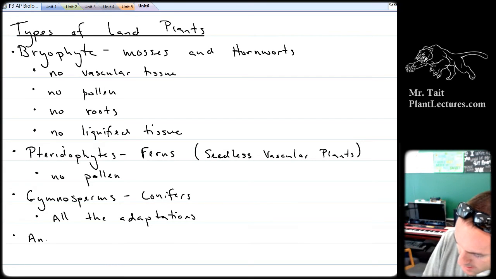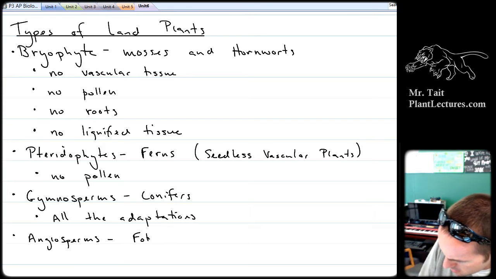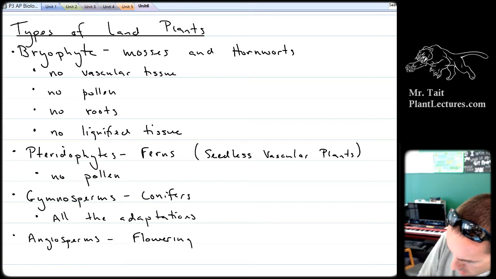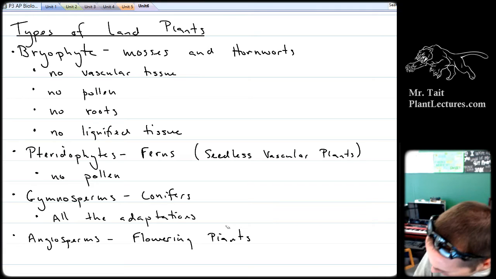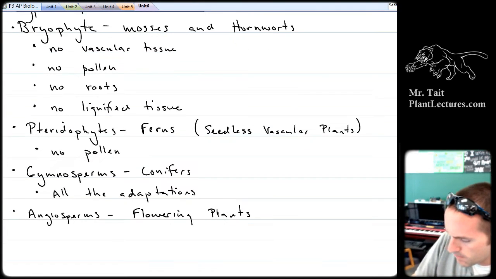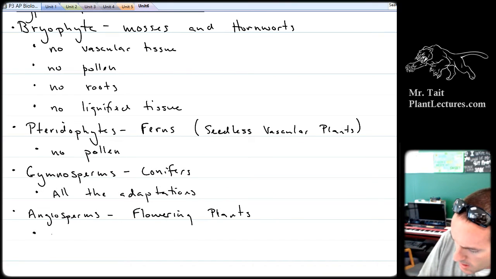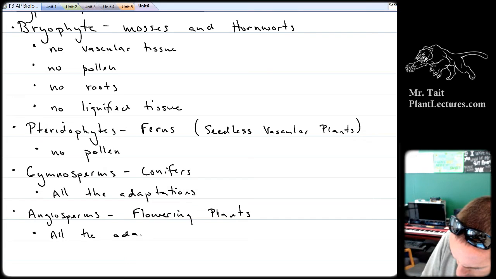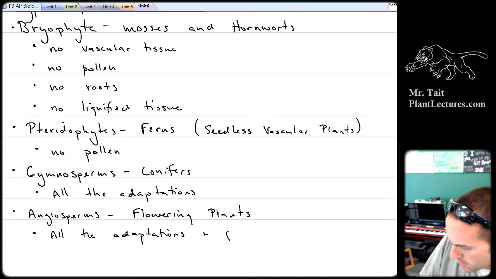Last ones are called angiosperms. So the flowering plants. And those have all the adaptations plus flowers.